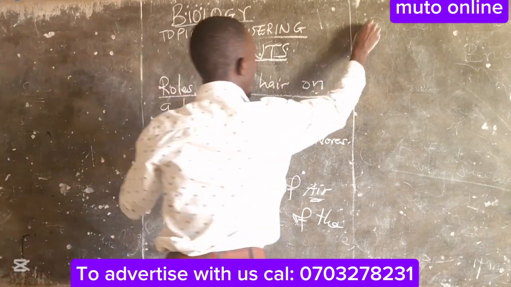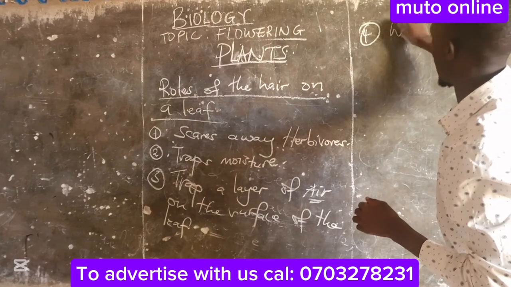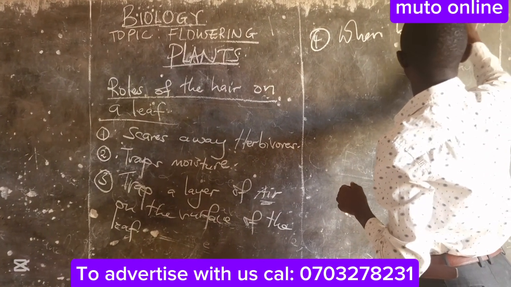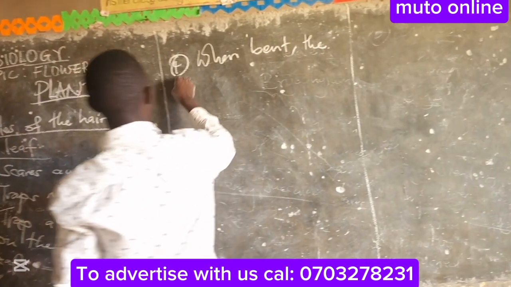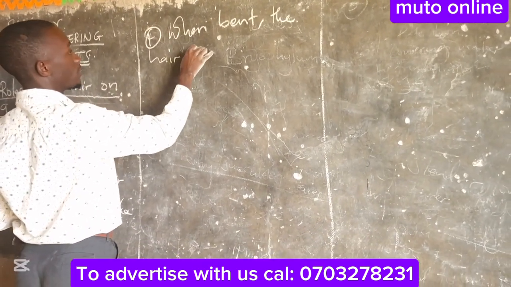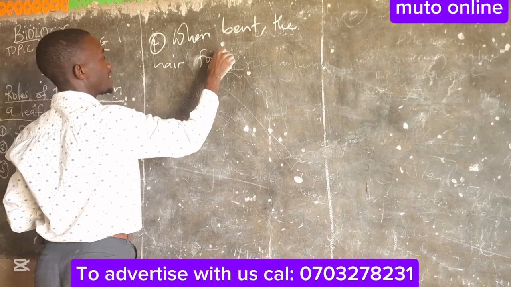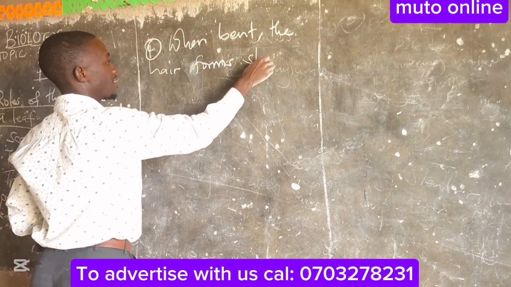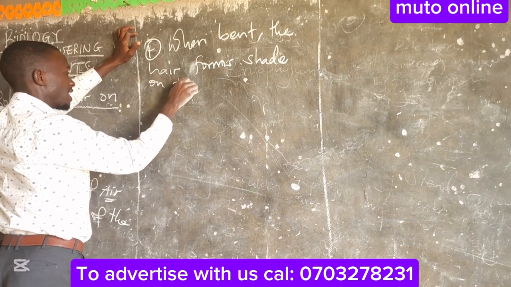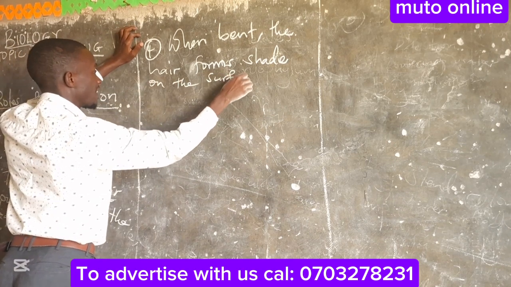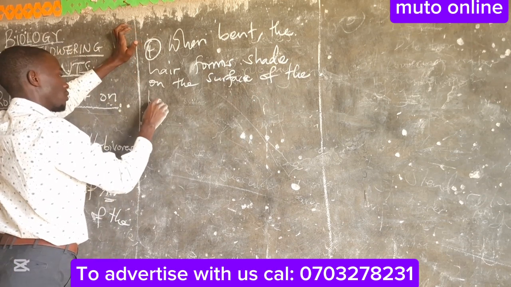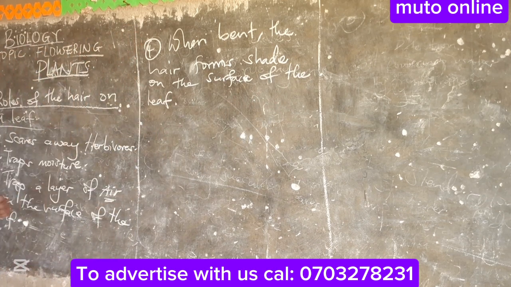Four, when bent, the hair forms shade on the surface of the leaf.